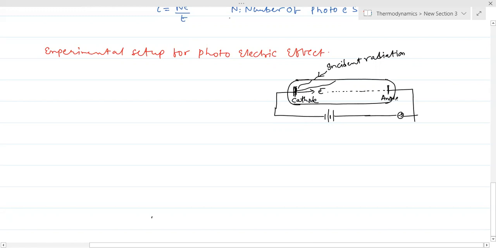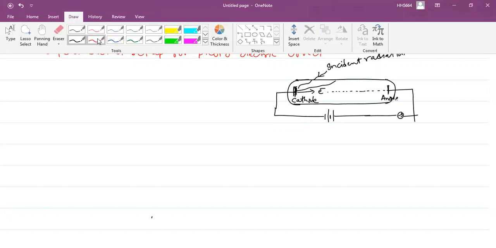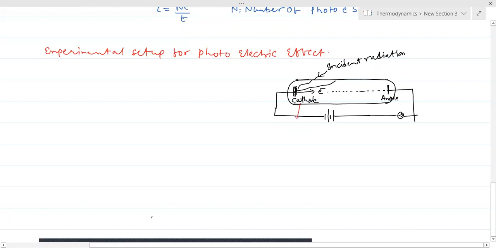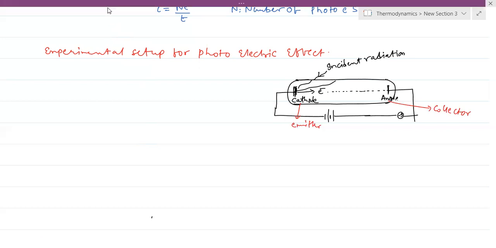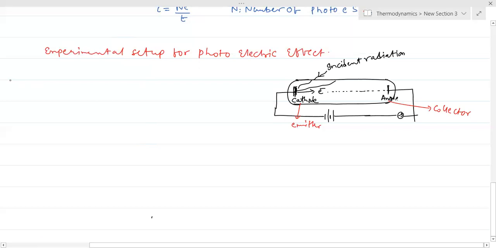The cathode is also called the emitter of electrons, and the anode is known as the collector of electrons.